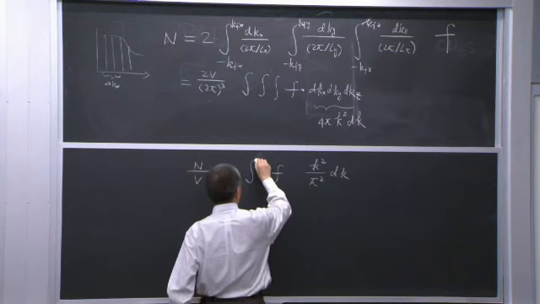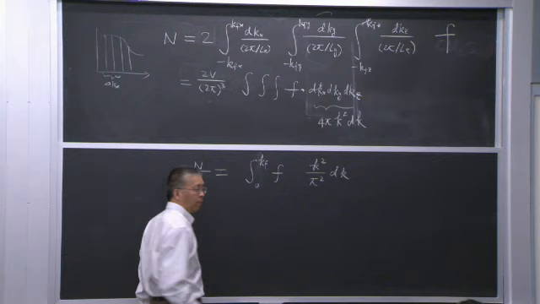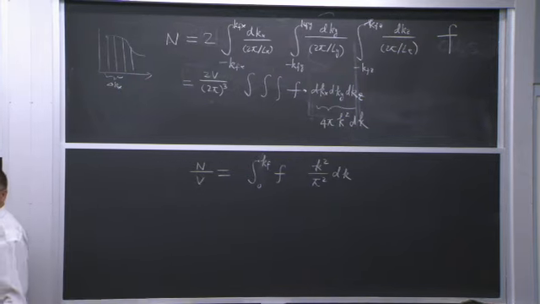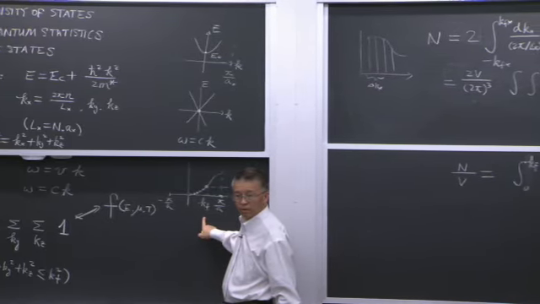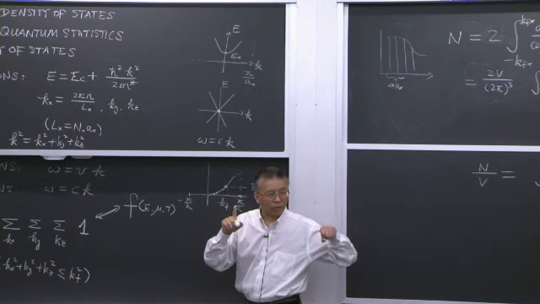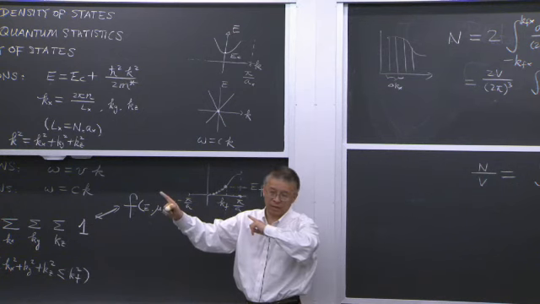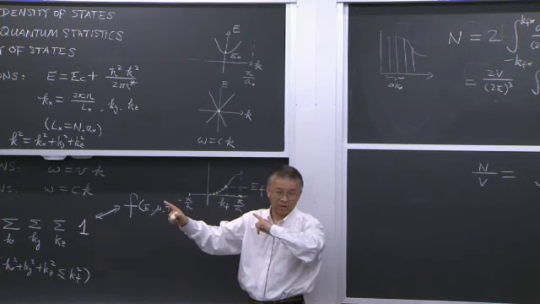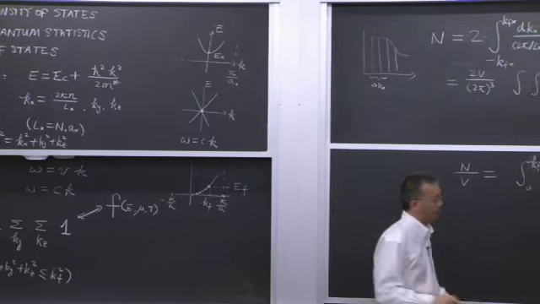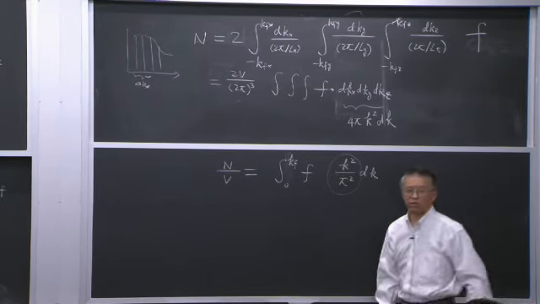And here k is 0 to kF. Because I'm doing spherical coordinates, my radius is 0 to kF. I don't do negative and positive because that's a Cartesian coordinate. You see what I'm doing?